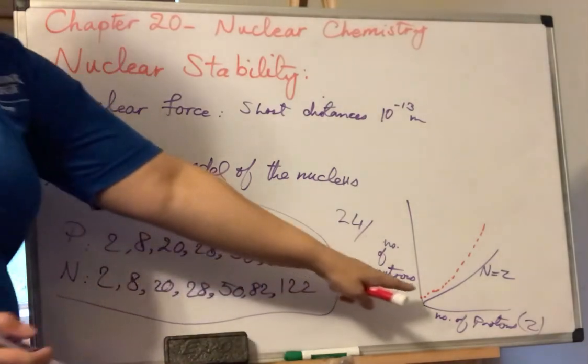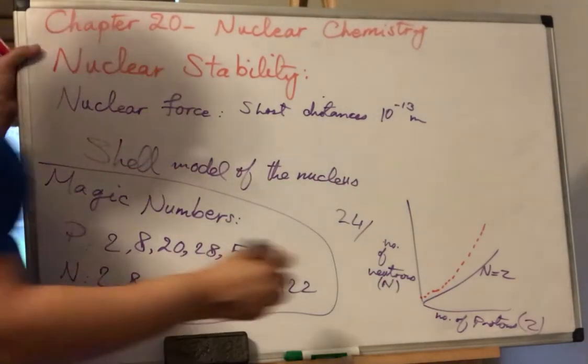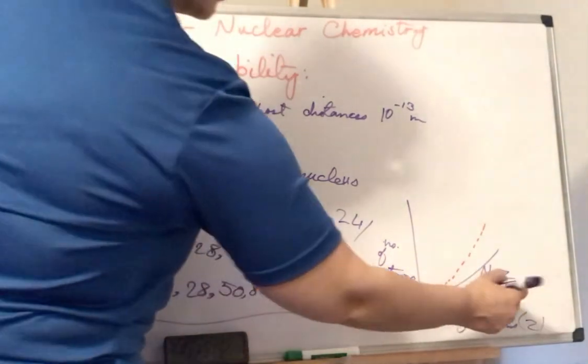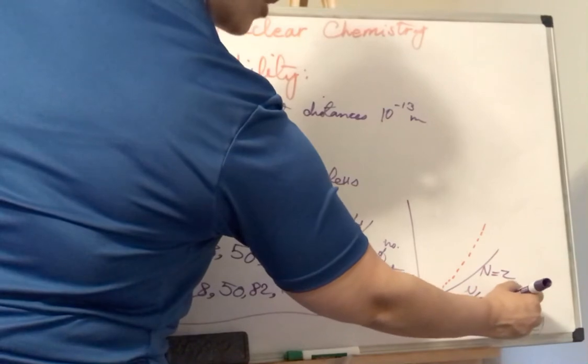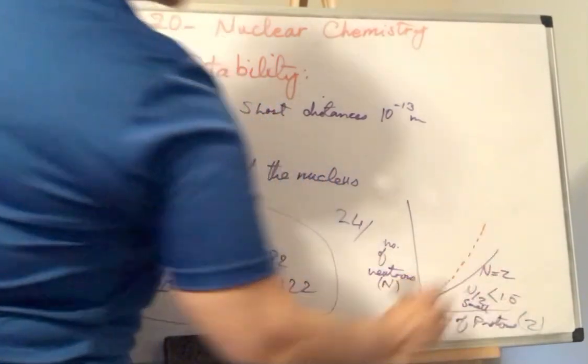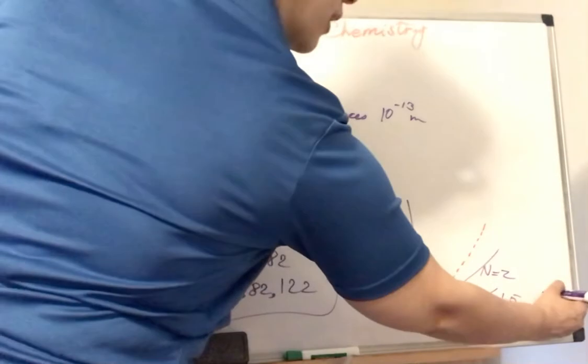When N to Z, the ratio here, is small, less than 1.5, very small, the type of emission we talk about is positron emission or electron capture.